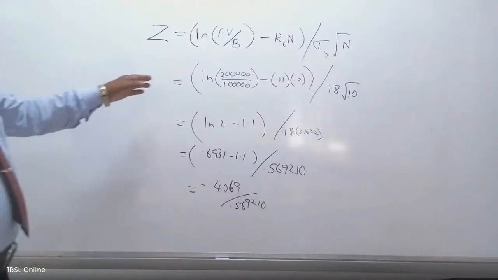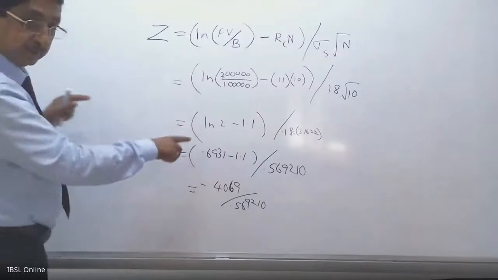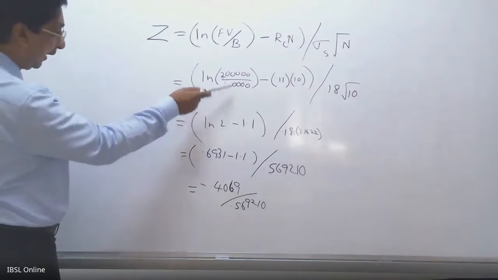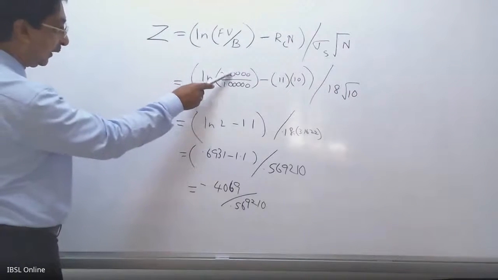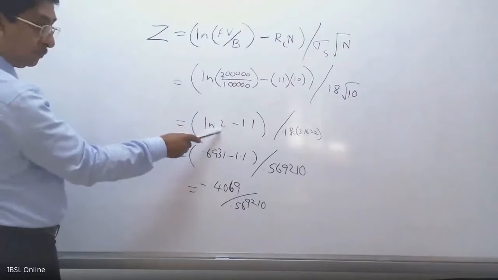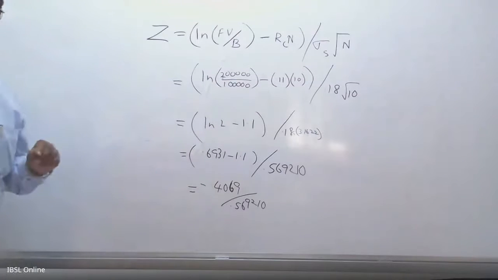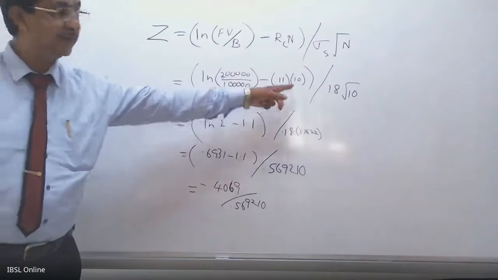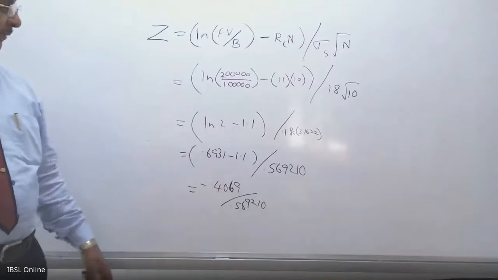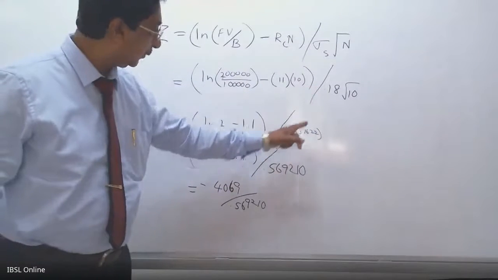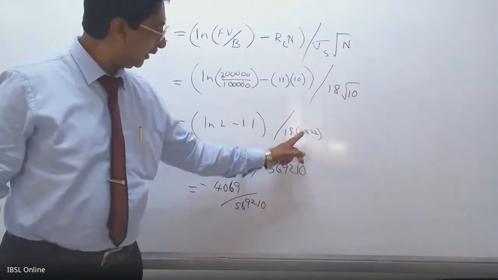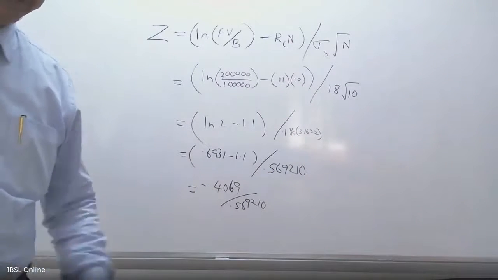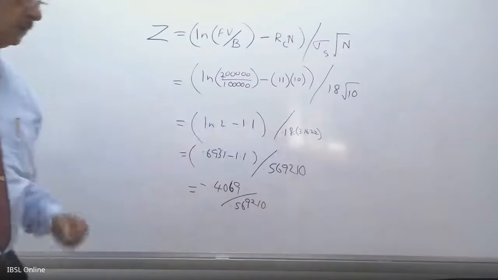Now, when I go to the further calculations, here it comes as log 2. 200,000 divided by 100,000 is 2. Minus 0.11 into 10, that is 1.1. And divided by 0.18 into square root of 10, which is 3.1622. When you get the square root of 10 from the calculator, you will get this value.